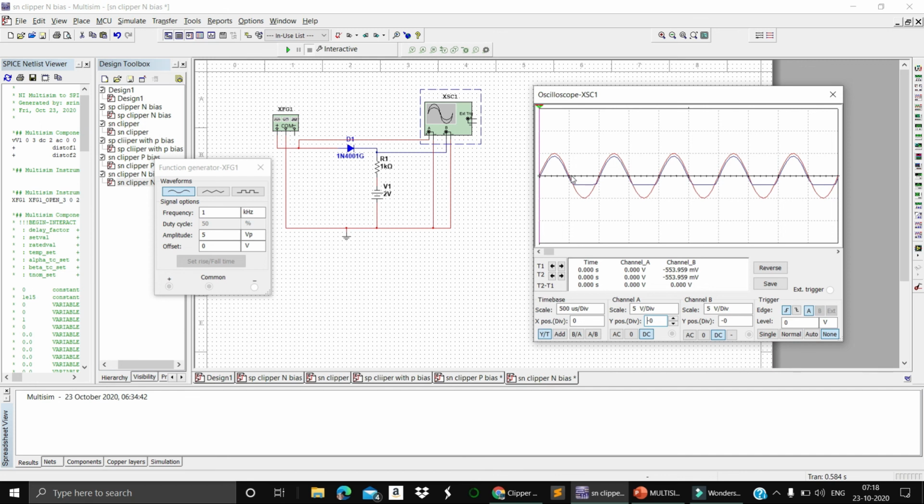In such a case, this 2 volts is there on the output side as negative 2 volts. So the negative 2 volts will appear, and after that the remaining is clipped off. The portion in red color will be clipped off or removed by the diode. In this way, the series negative clipper with negative bias works.